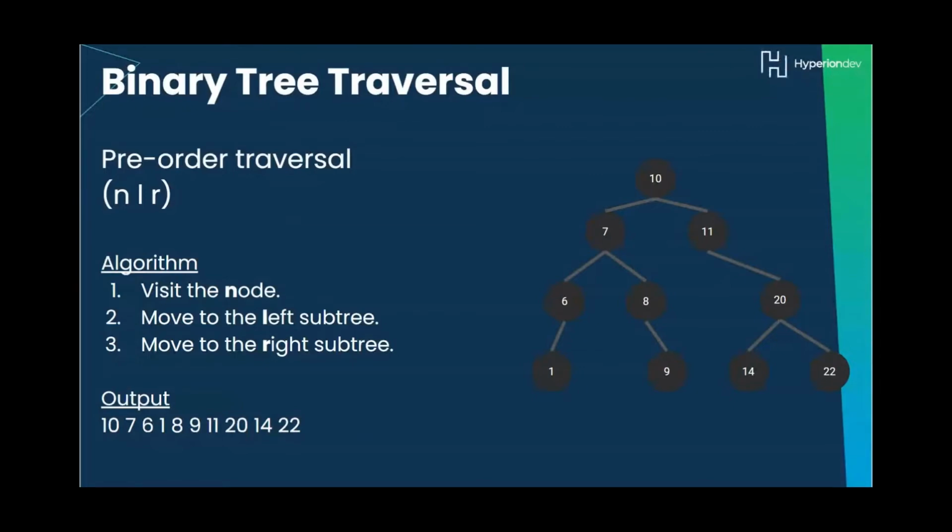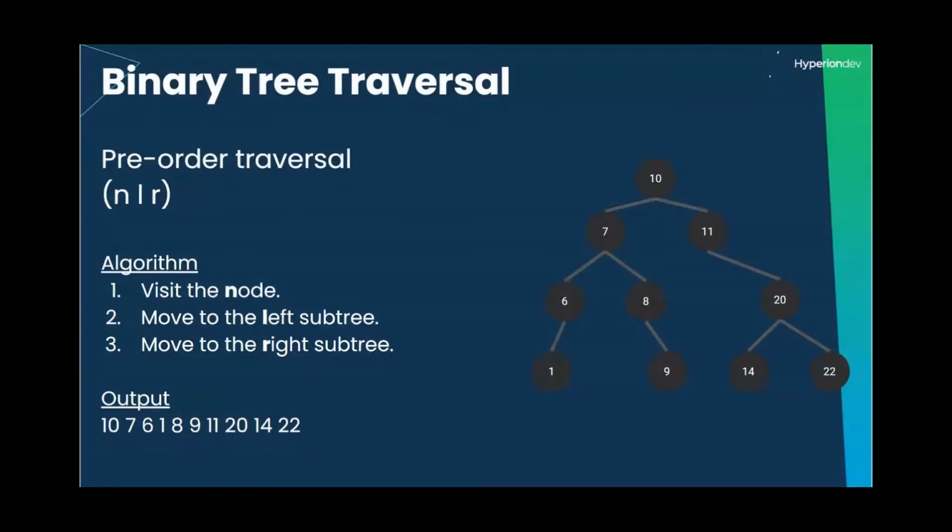So let's start at 10. 10's first rule would be to visit that node, and that's what we actually get in the output. You can see we first have 10, and then the next step for 10 would be moving to the left subtree.